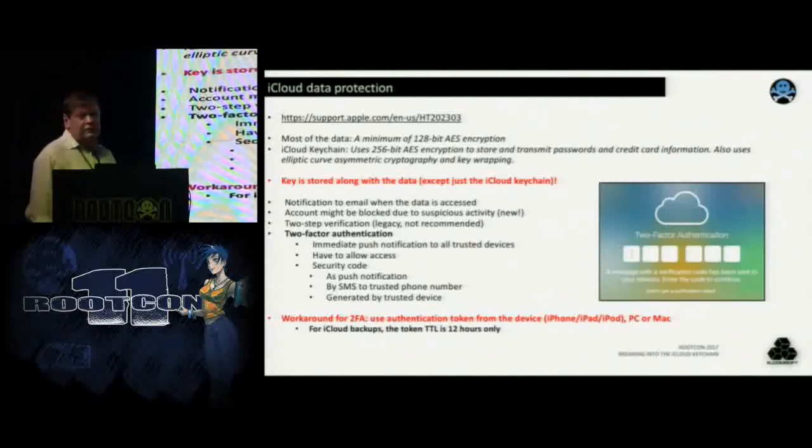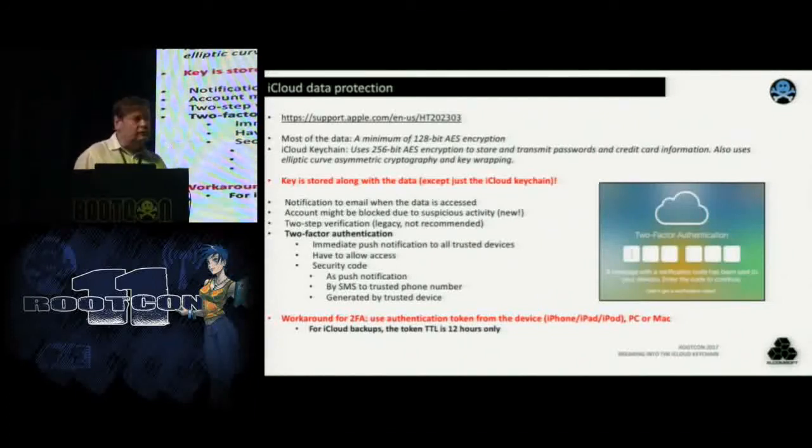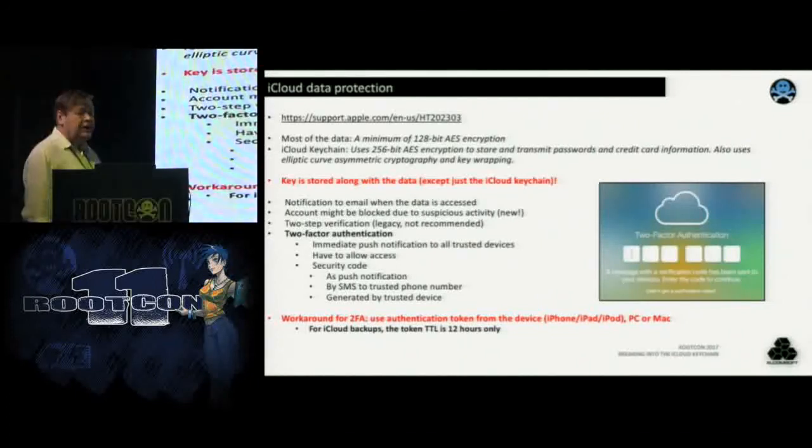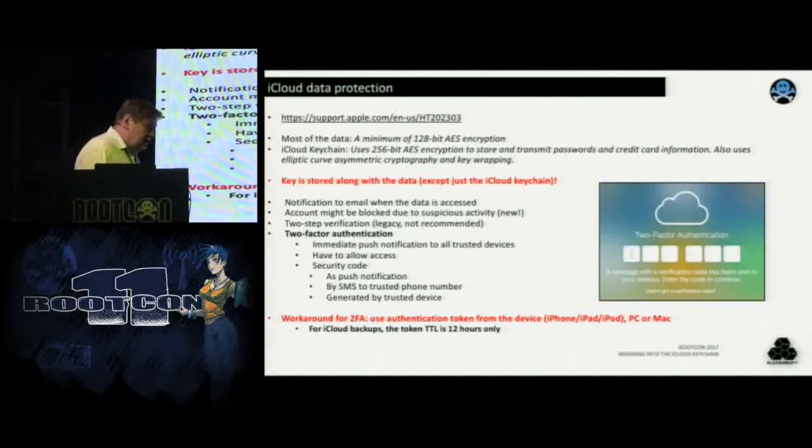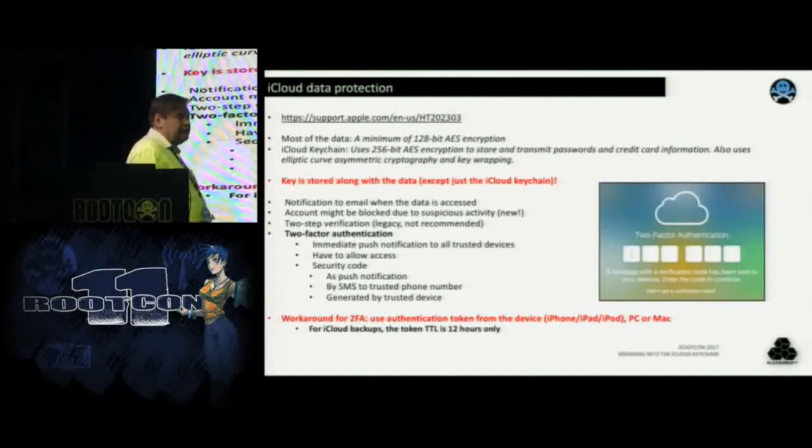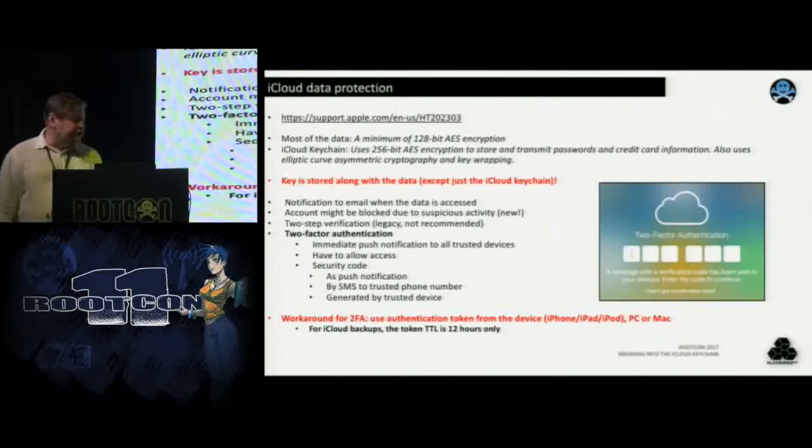But as I already noted, the keys are stored along with the data, which means that if you have the proper credentials, you can get everything except just the keychain.